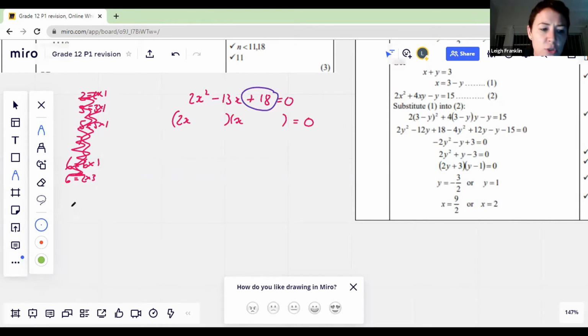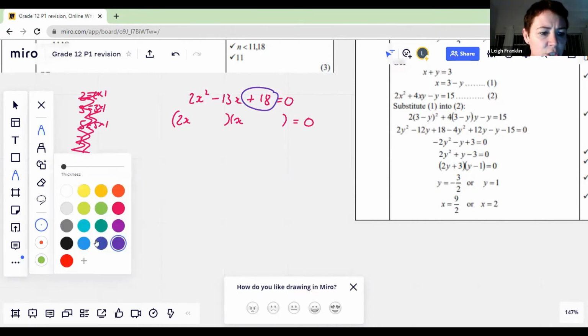Try and start with the two factors that are the closest to one another. So we've got 1 times 18. Those are quite far apart. Then we've got 2 times 9, and we've got 3 times 6. Those are the factors of 18, right?